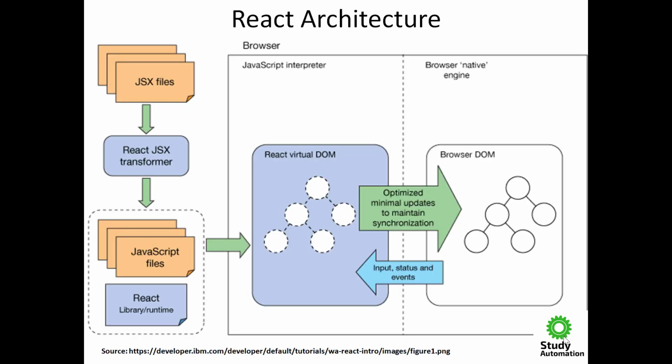Here we can see the architecture. We can write code in a JSX file or JS file. That JSX file will transform into a JavaScript file, and then the JavaScript file will be embedded into the browser. In the browser we have the JavaScript interpreter and then the browser native engine. Here we have the React virtual DOM, and this is the browser DOM.